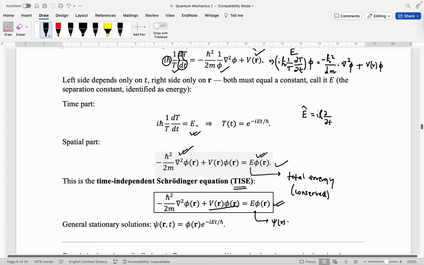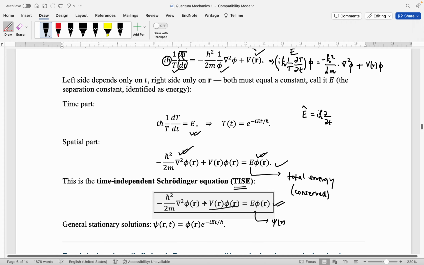But if the question is on Schrodinger's time dependent equation, then this psi is a function of both r and t. I've replaced it with phi because of the notation I've used, but some books have written psi also. You have to understand that this psi is only a function of r and not of time. So this is exactly what we have done, and this is our Schrodinger's time independent equation.